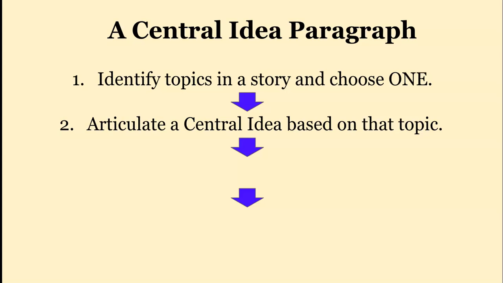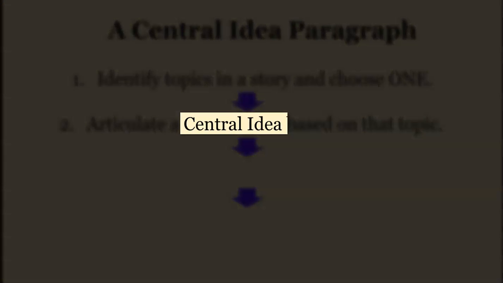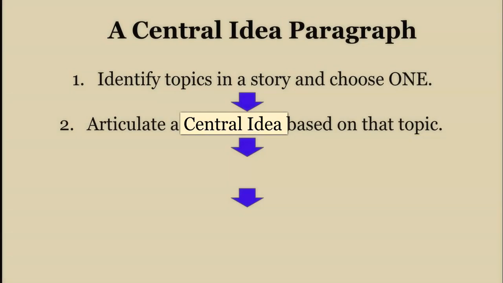And then based on that topic that you chose, you write or articulate a central idea. Remember, central idea is just what the writer is trying to communicate to the reader. What is this story about? What is the writer trying to say?